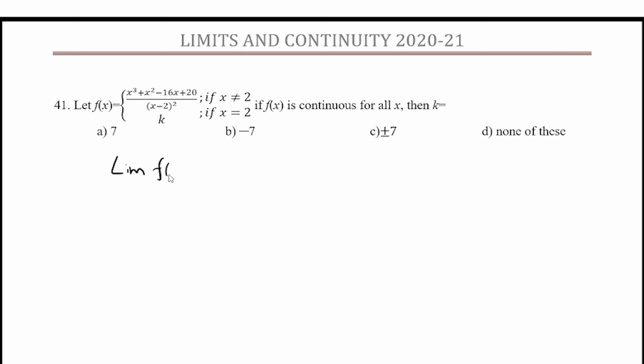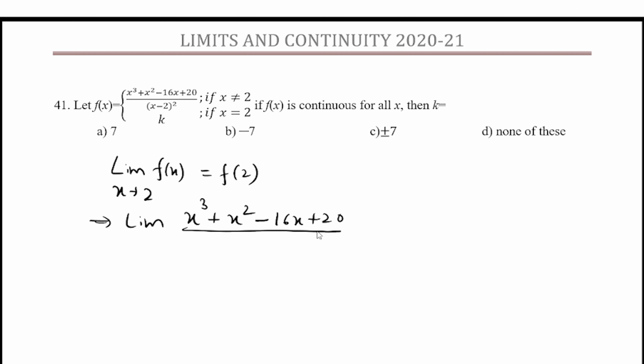You know that limit of f of x as x tends to 2 is equal to f of 2, implies limit of f of x value x cube plus x square minus 16x plus 20 divided by x minus 2 to the power of 2, as x tends to 2, is equal to f of 2 value, that is k. Now simplify.